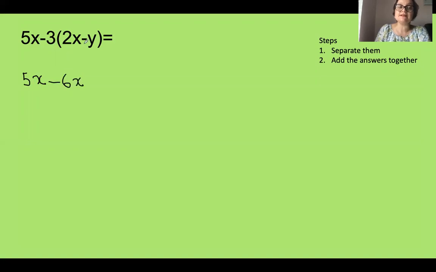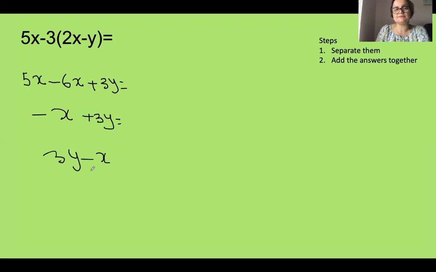And -3 times -y becomes +3y. There is a little simplification here because we have 5x minus 6x, and these are like terms. So 5x minus 6x becomes -x. So -x plus 3y. And if you want to write the positive term in front, this becomes 3y minus x. Just like that.